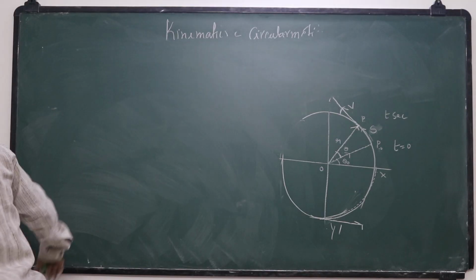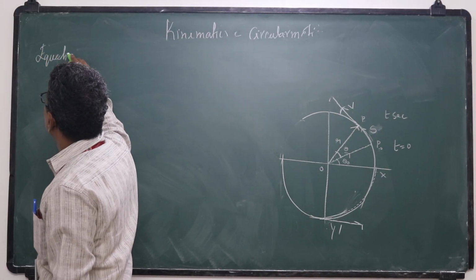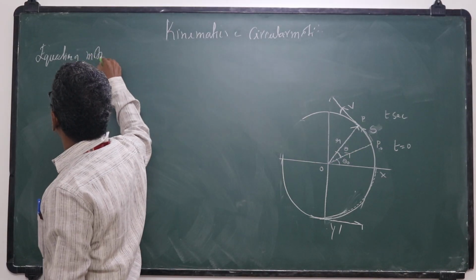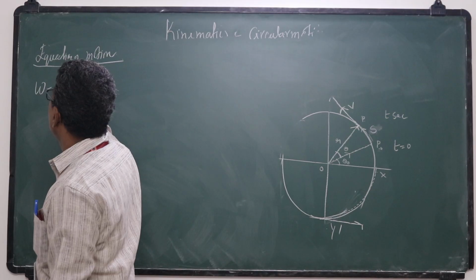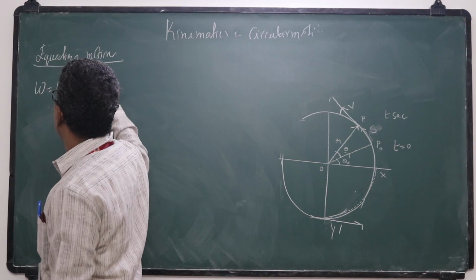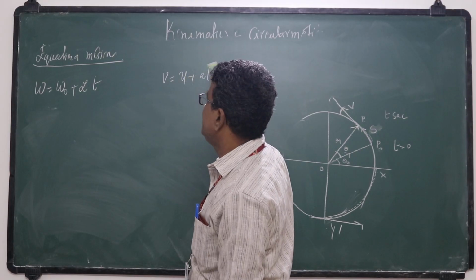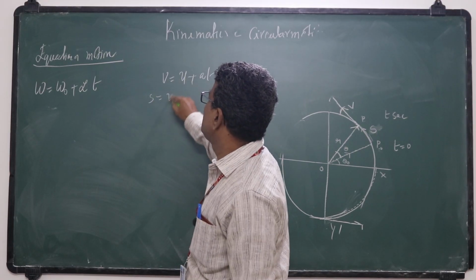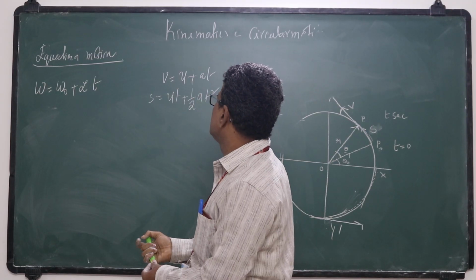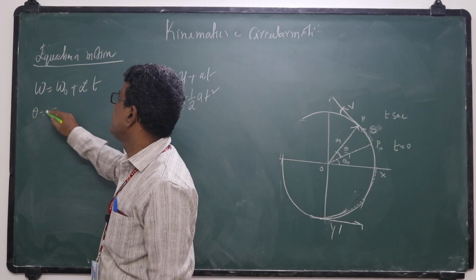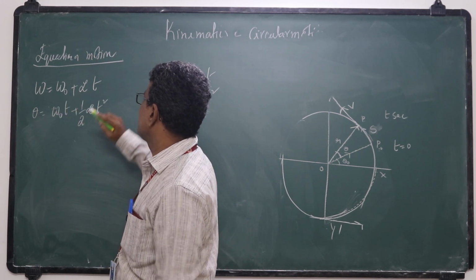So, as equations of motion in kinematics, the first equation is omega is equal to omega naught plus alpha t, as v is equal to u plus at. s is equal to ut plus half at square, so that is theta is equal to omega naught t plus half alpha t square.